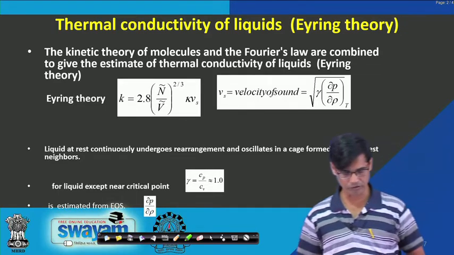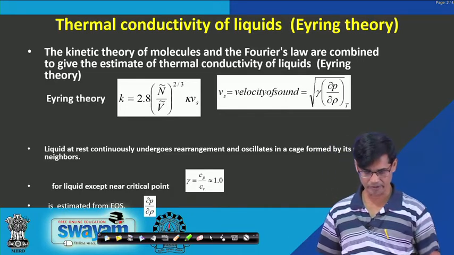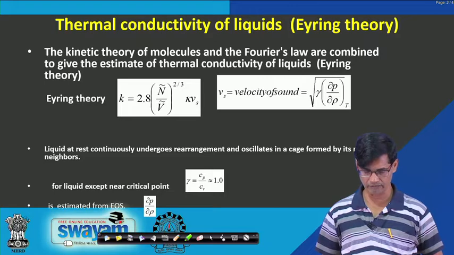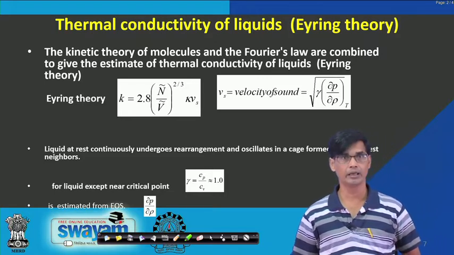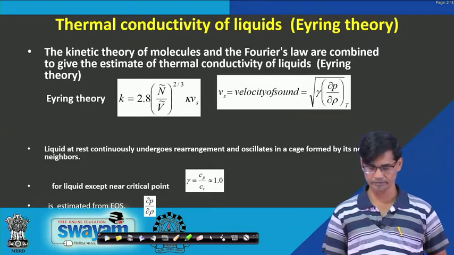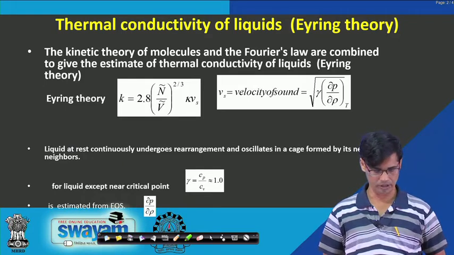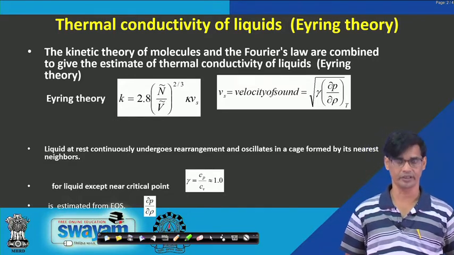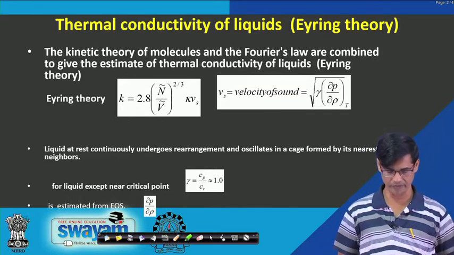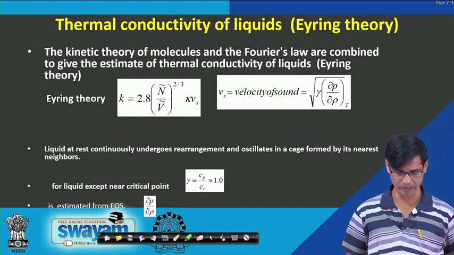Here you see the sound velocity, where gamma is the specific heat ratio, which is basically 1 for vapor and liquid, and del P by del rho can be estimated from an equation of state. So that compressibility we can estimate from the equation of state.